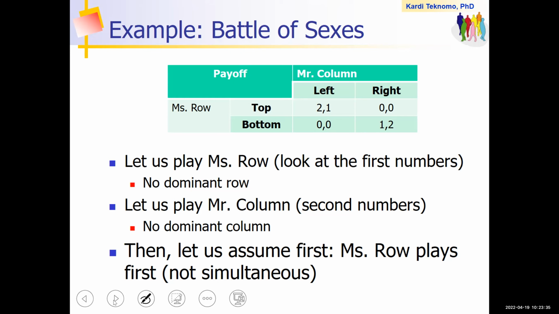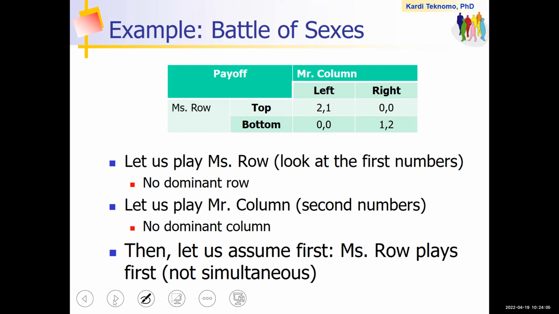Then you check as Mr. Column, that means you check the second number. Is there any dominant column? Again, you cannot find one. So you cannot solve using the domination strategy. In that case, let's try Nash equilibrium. Again, if you can solve using domination, solve it using domination. Don't use Nash equilibrium. That's the first thing to do.